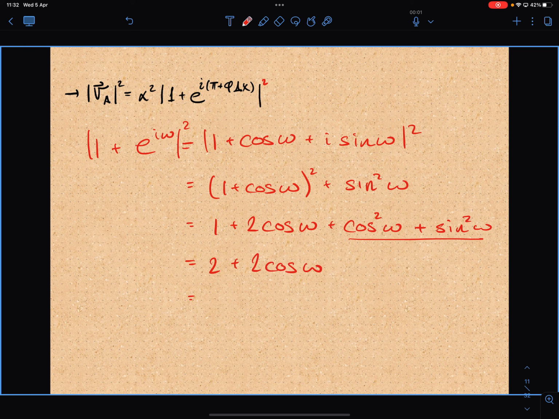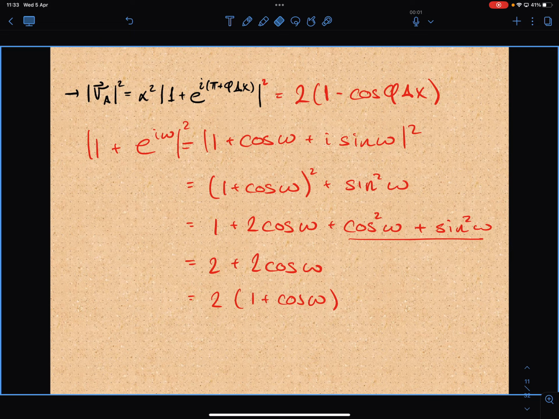So this is 2 times (1 plus cosine phi delta x). So actually there's no square.